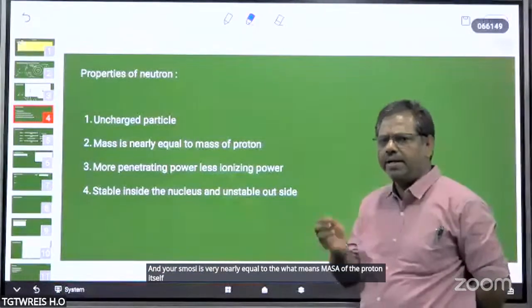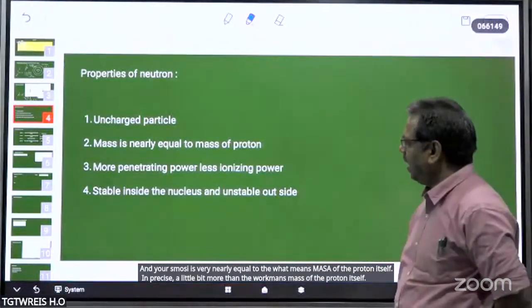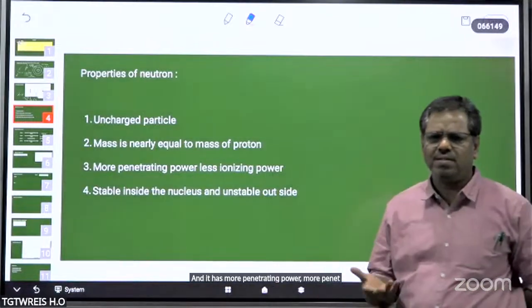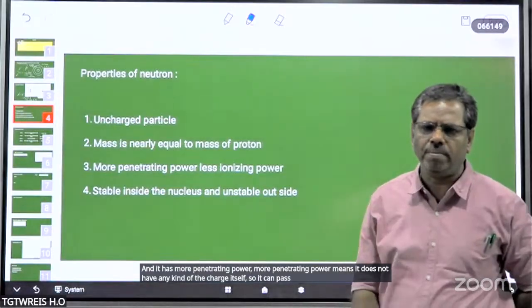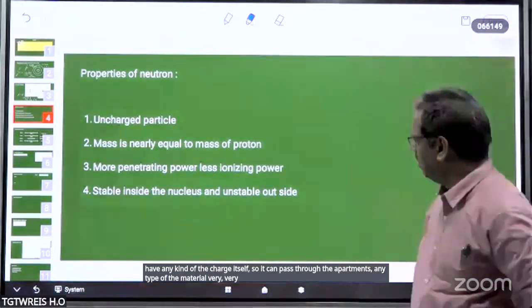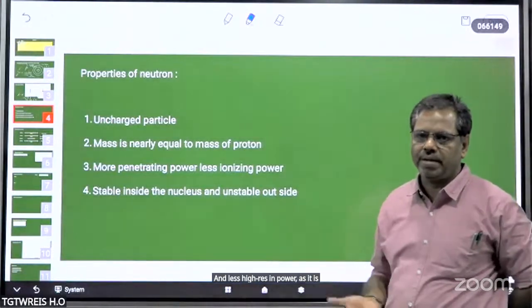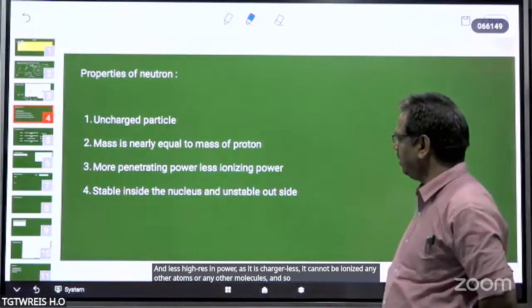In precise, a little bit more than the mass of the proton, and it has more penetrating power. More penetrating power means it does not have any kind of charge, so it can pass through any type of material very easily. And less ionizing power. As it is chargeless, it cannot ionize any other atoms or molecules and so on.